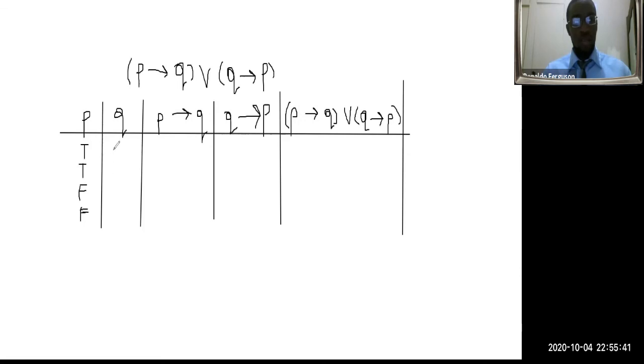Then Q is going to be true, false, true, false. And so P implies Q: the only time it is false is when the antecedent is true and the consequent is false. So whenever P is true and Q is false, then in that case P implies Q is false. Everywhere else is true.